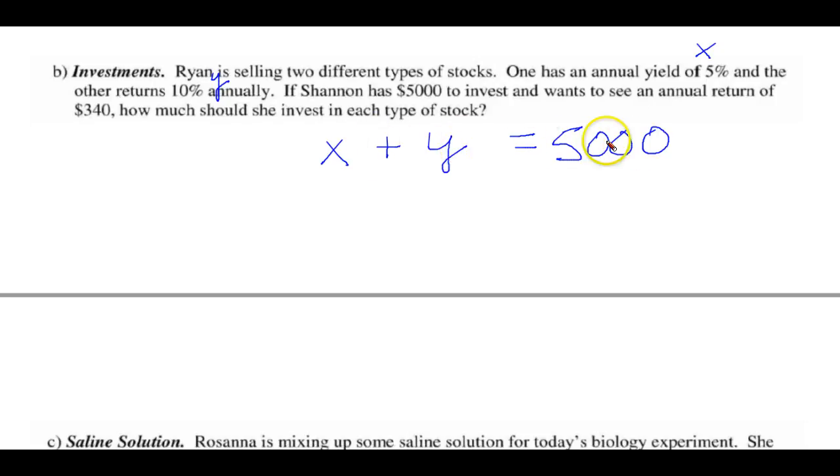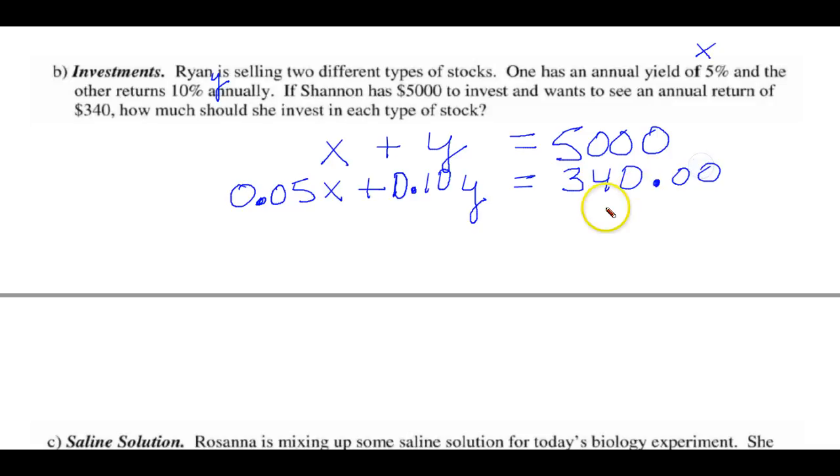So there's your first equation. Again, very similar. Now we want interest, so we're going to earn 5% of this plus 10% of this and we expect our interest to be this much. Step 1, or whatever step, get rid of the decimals.